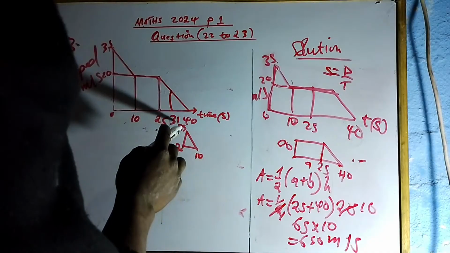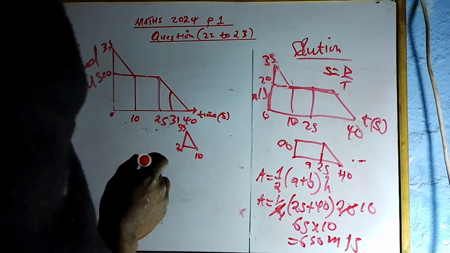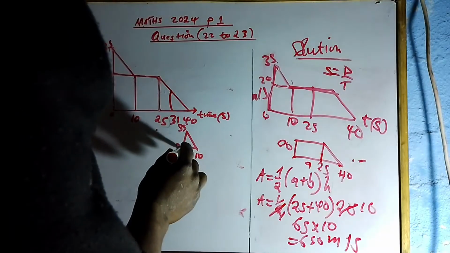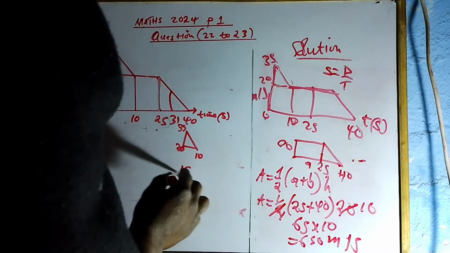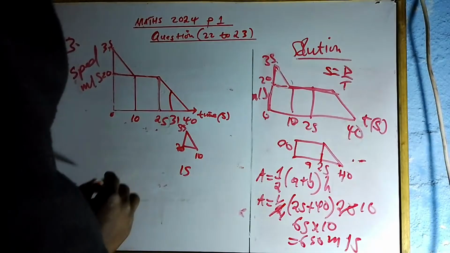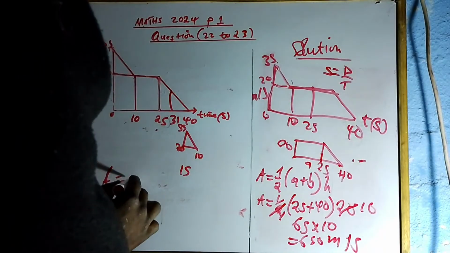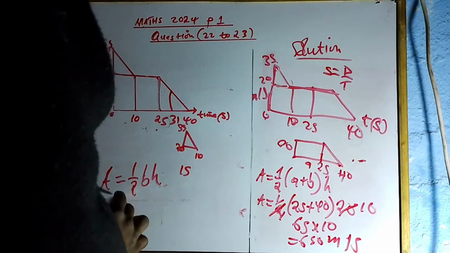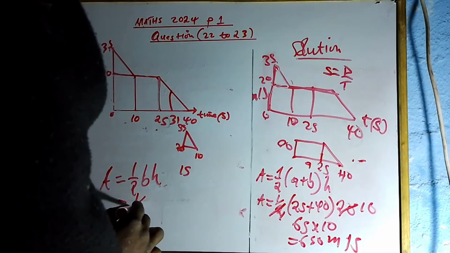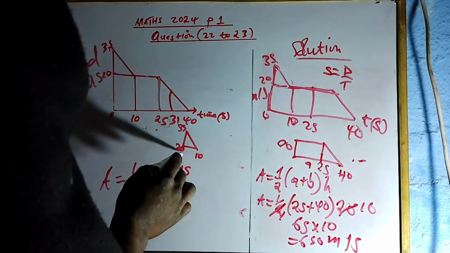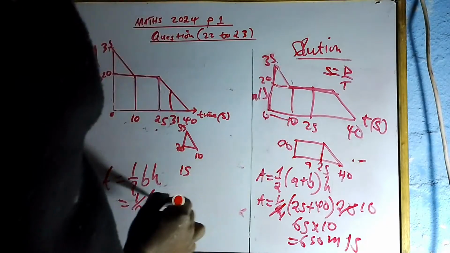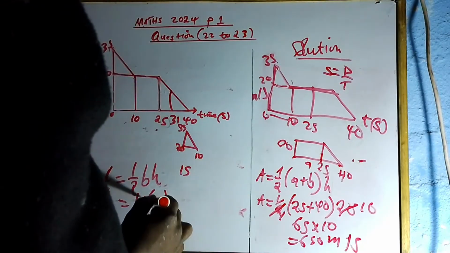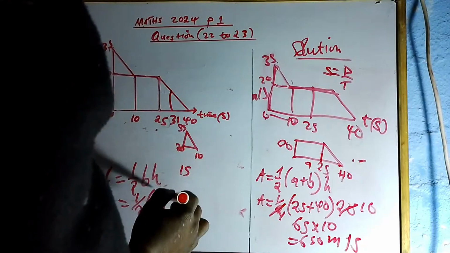Okay, so 35 minus 25 minus 20, you are going to have 15. Okay, we all know that the area of a triangle is equal to half base times height, in which the area is equal to half times the base. It is this base here, it is 10, then the height is 15.